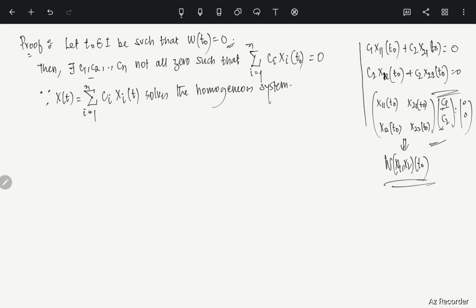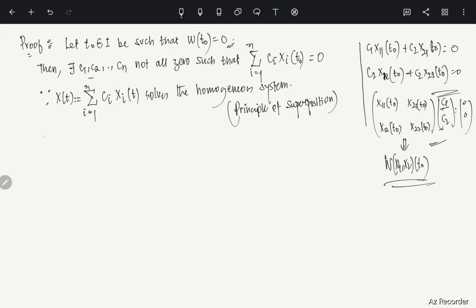So the sum of Ci times xi, which we are defining to be x of t, is also solving the homogeneous system. This is the principle of superposition.